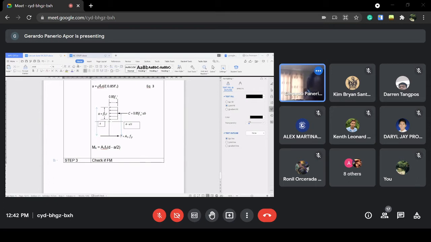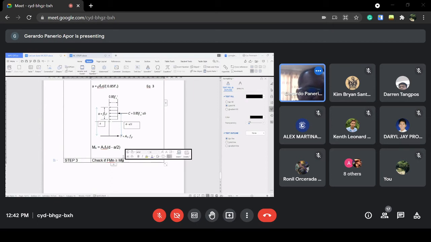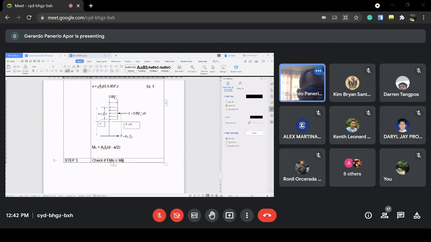Step 3. If MN is greater than MU, inequality sign in bold. This one is subscript. This one is subscript.